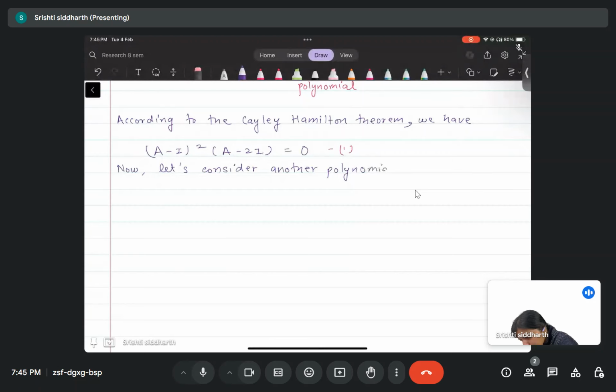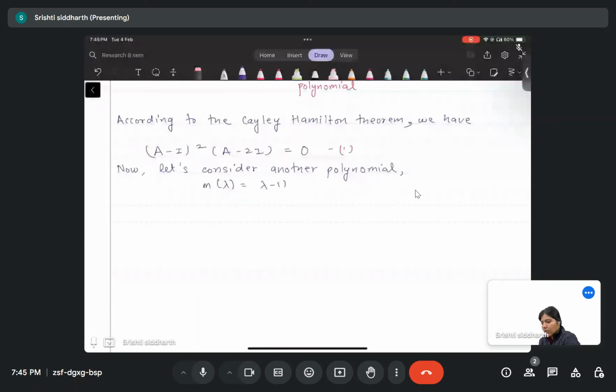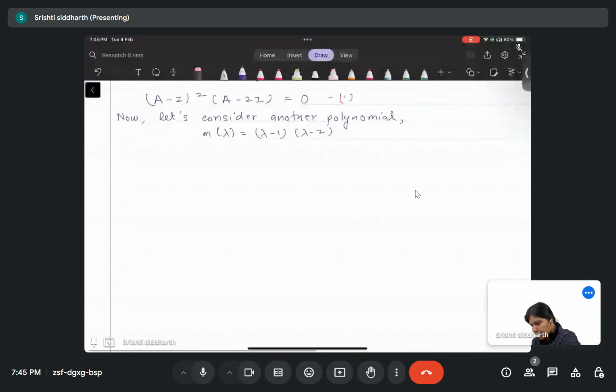We are going to name that polynomial m lambda. So m lambda is lambda minus 1 and lambda minus 2. So we are not considering lambda equals 1 twice. So if we substitute A, we have A minus I.